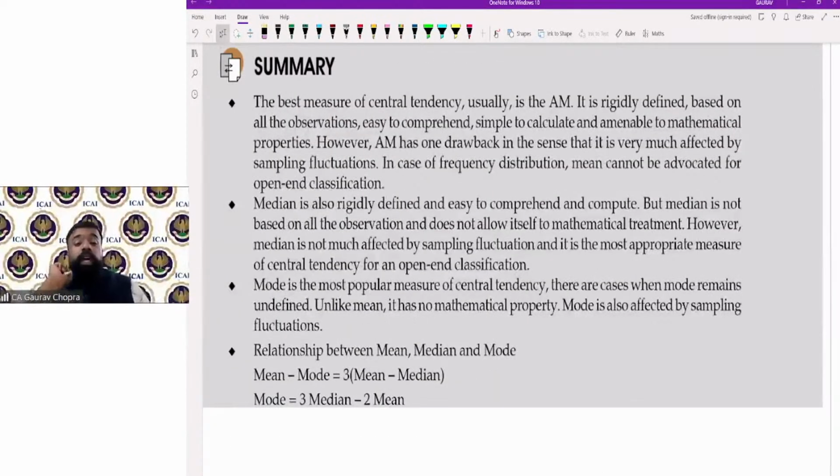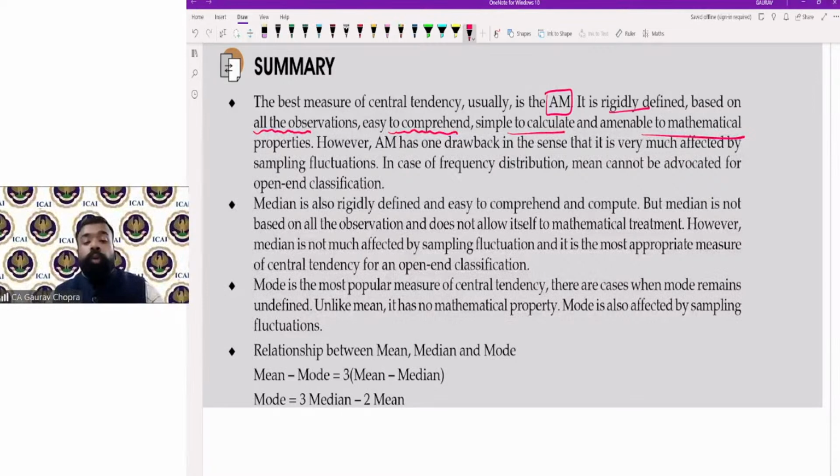Now, from this summary, the best measure of central tendency is the arithmetic mean. This arithmetic mean is known as the best measure. It is rigidly defined and is based on all observations. So if we have to calculate the arithmetic mean, all the values have to be used. So it is based on all observations. It is easy to comprehend. Easy to calculate, easy to understand, everything is easy. So simple to calculate, amenable to mathematical properties, that is, the properties of plus, minus, multiply, divide are all applicable here.